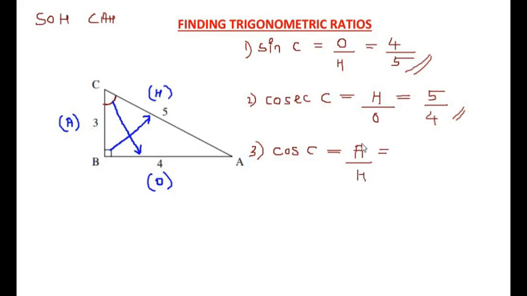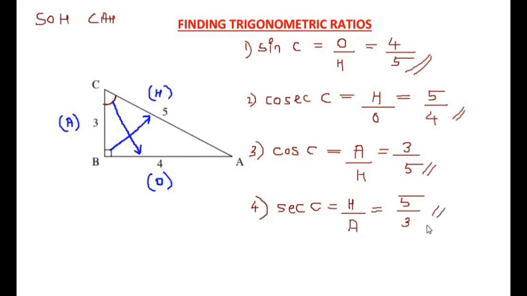Here adjacent is 3 and hypotenuse is 5. We got our third trigonometric ratio. So immediately go for its reciprocal, which is sec C is hypotenuse over adjacent, which is 5 over 3. Just reciprocate whatever you got. Fourth trigonometric ratio is also completed.